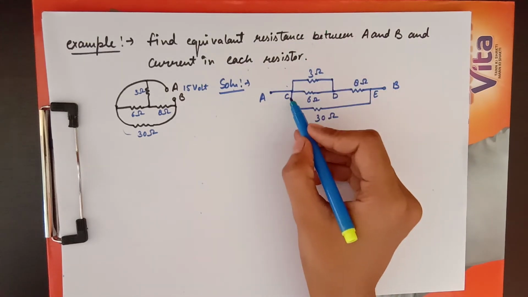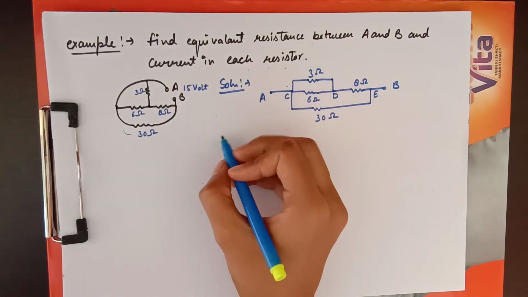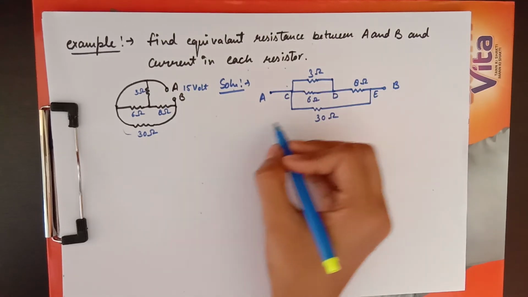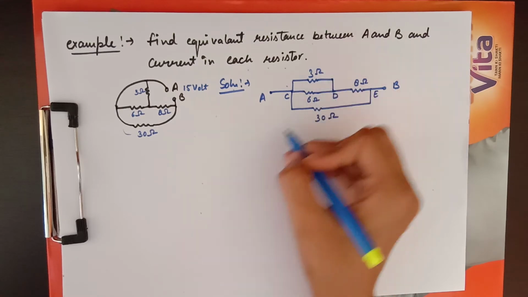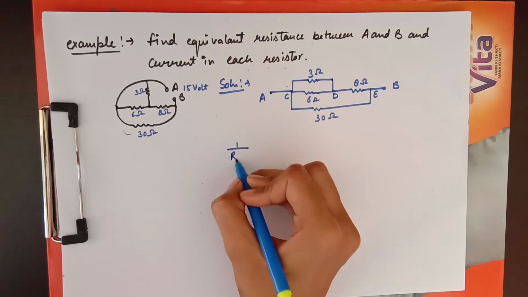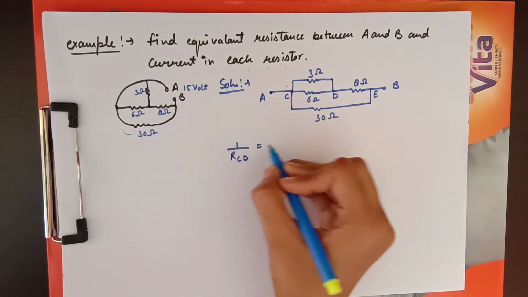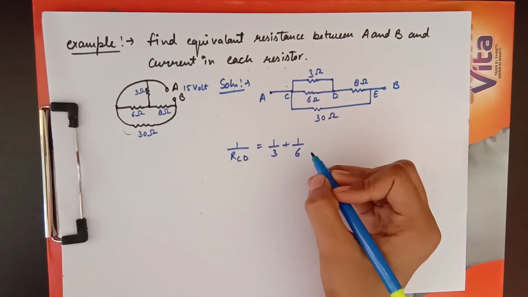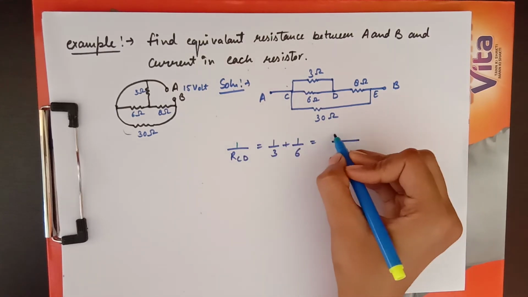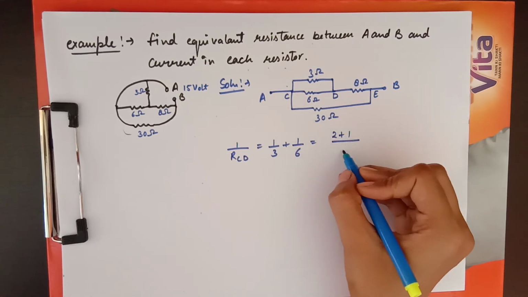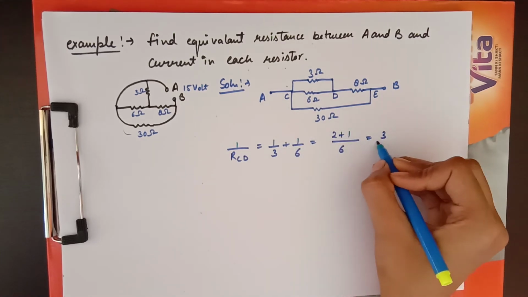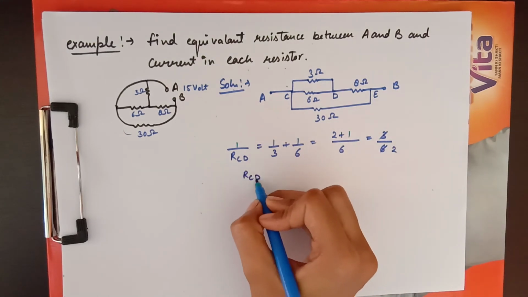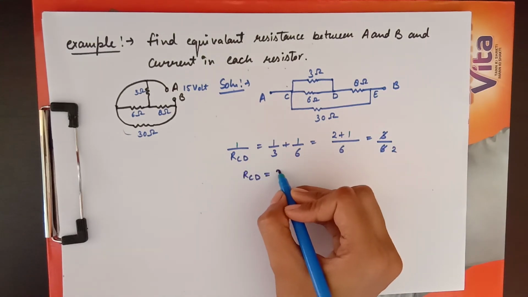So we will start from C and D. The equivalent resistance between C and D will be equal to, as 3 and 6 are connected in parallel, we will write 1 upon RCD equal to 1 upon 3 plus 1 by 6, and it comes out to be 2 plus 1 divided by 6 or 3 divided by 6, and here RCD equal to 2.